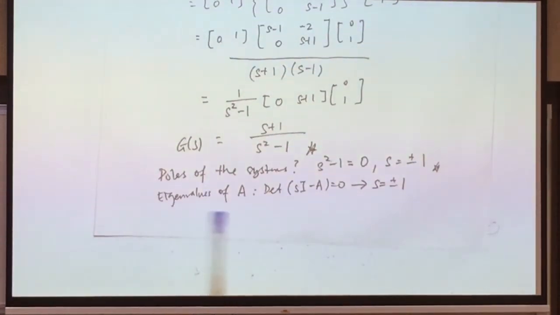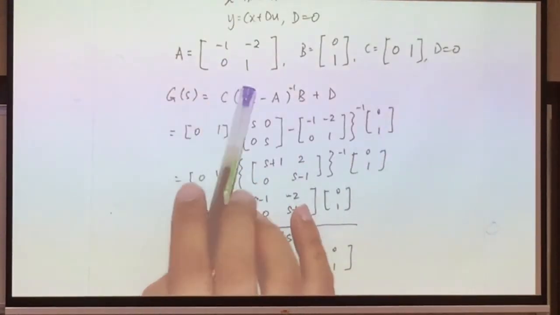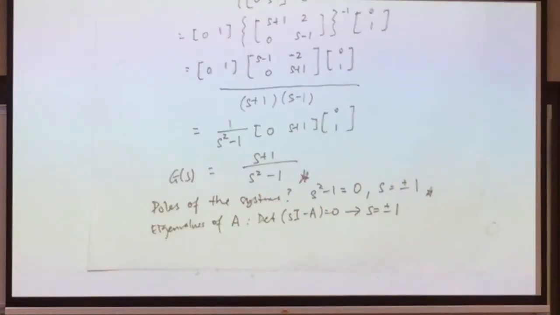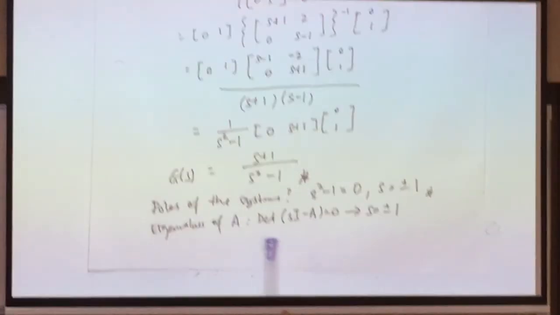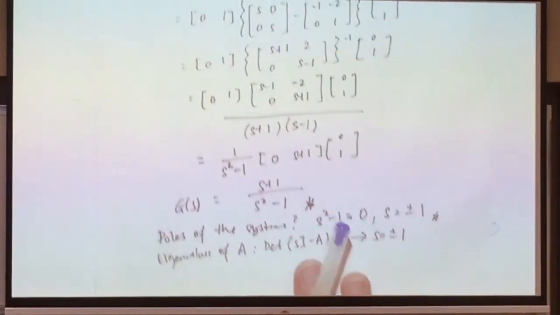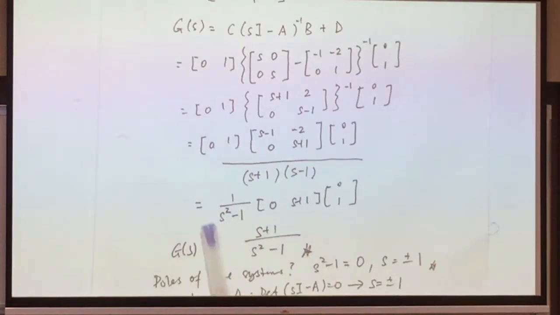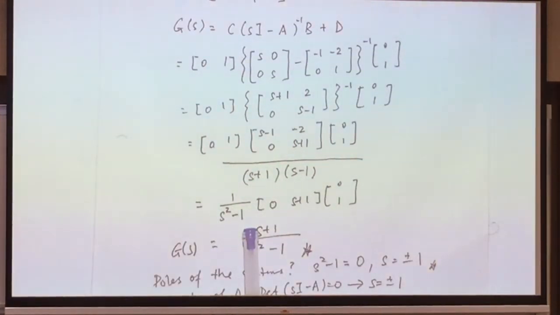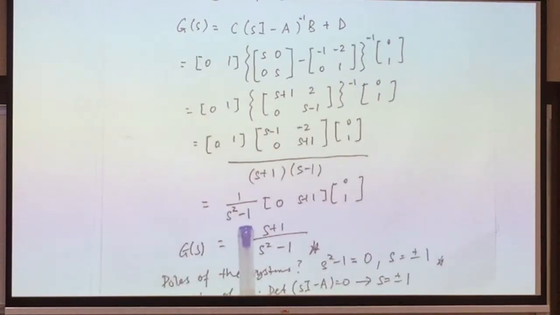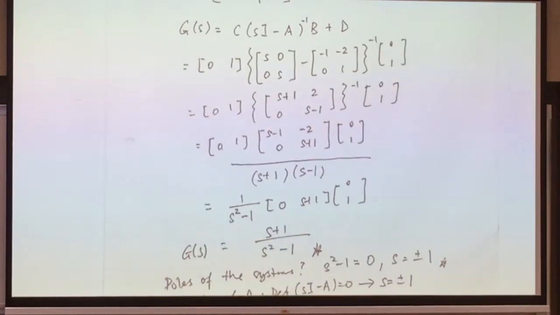The eigenvalue of A, which is [-1, -2; 0, 1]: what you do is find the determinant of sI minus A and set it to 0. But you already know the determinant, because it is here: s squared minus 1. When you computed this, you already knew the determinant of sI minus A is s squared minus 1.